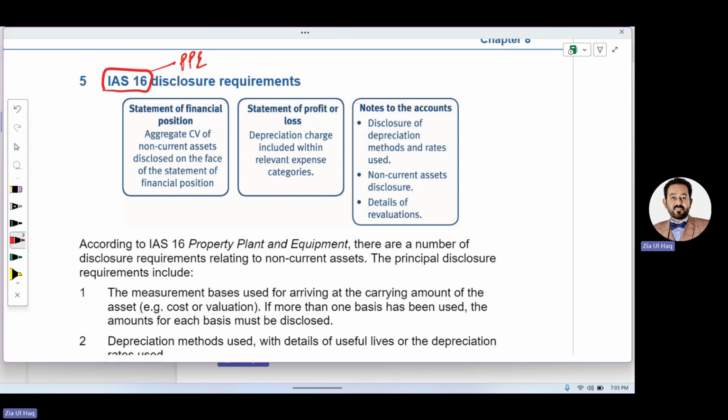What disclosure do you need to provide? You need to disclose the carrying value and how you calculated it. The depreciation you are charging to the profit and loss account should be disclosed. And what methods or rate you have chosen for depreciation should be disclosed. And if there is any revaluation gain or loss, you need to disclose it as well.